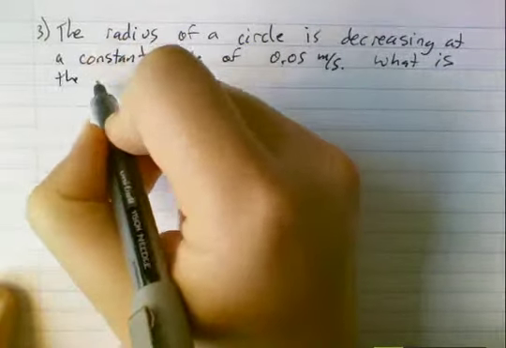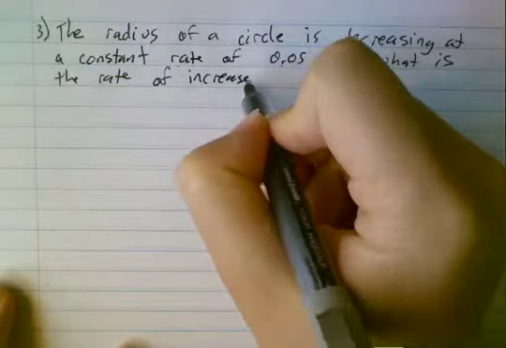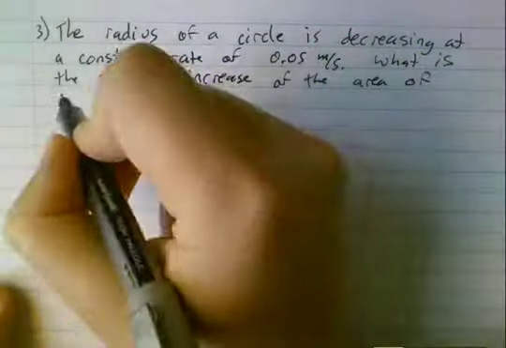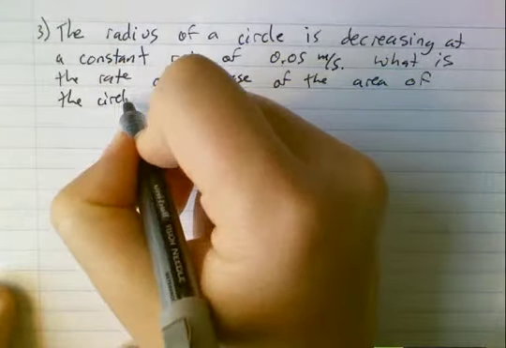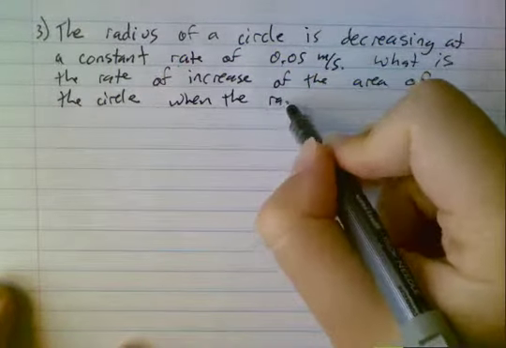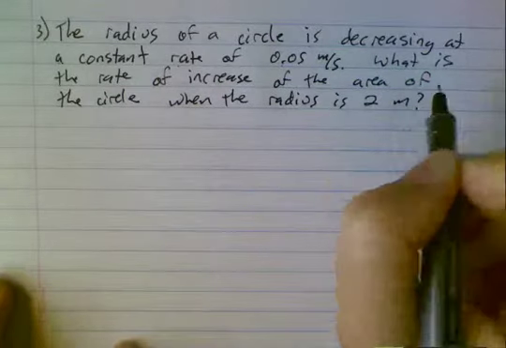What is the rate of increase of the area of the circle when the radius is 2 meters?